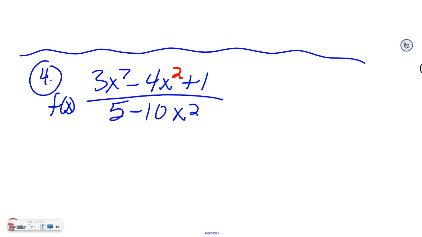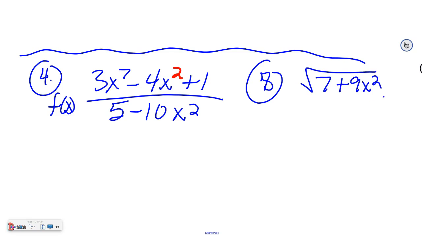All right, we're going to do number 4 on the last page and number 8. Those are the two that popped up this morning for kids who got that far. All right, now I can hand this back. Here you go.